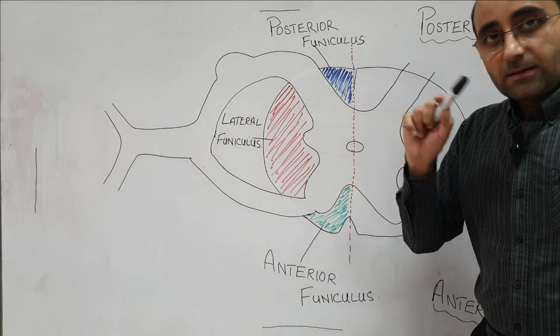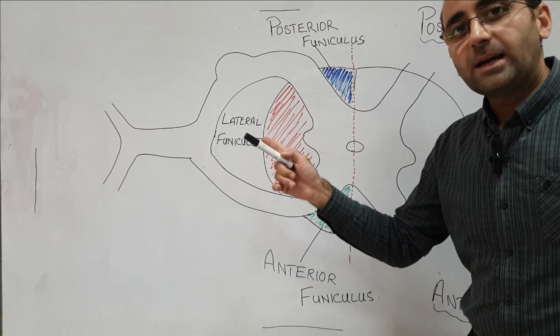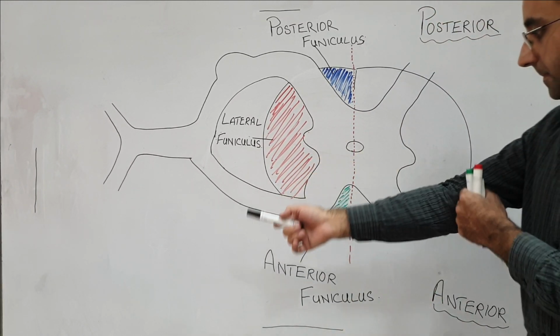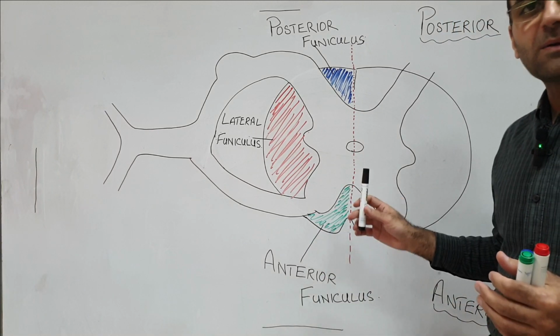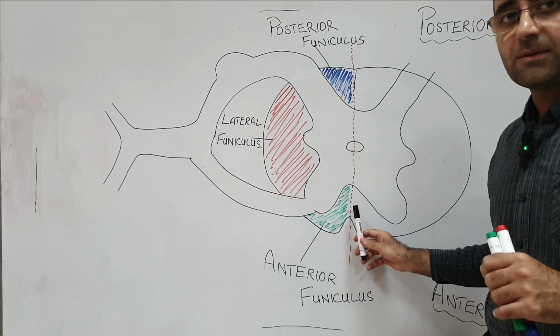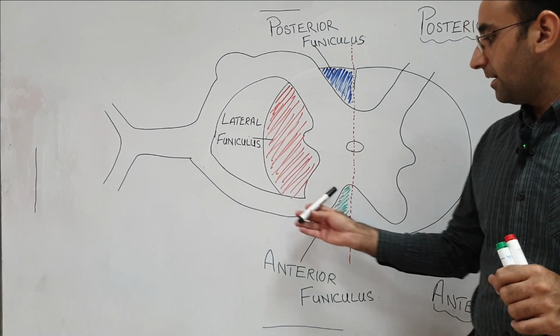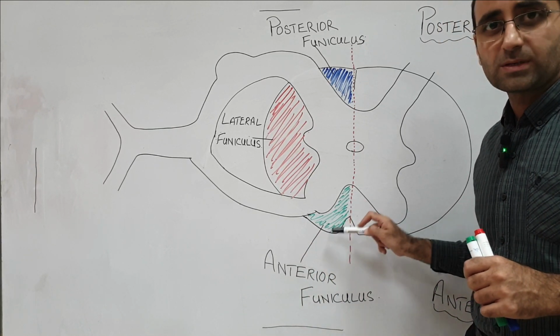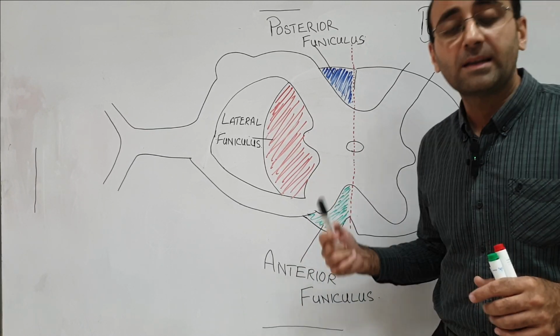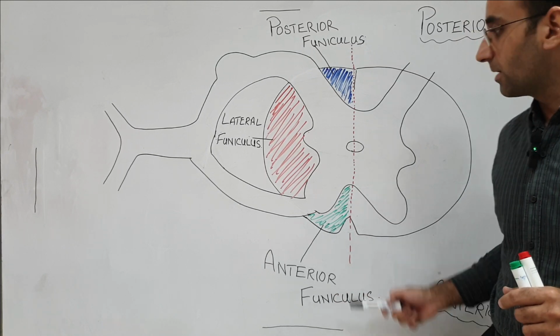This is the posterior part of the spinal cord and this is the anterior part of the spinal cord. Now, the white matter is divided into three columns, three on the right side and three on the left side. One is the anterior white column. The anterior white column is between the anterior midline, the imaginary line which we have drawn, and the anterior root of the spinal nerve. So this green portion is the anterior white column or the anterior funiculus of the spinal cord.